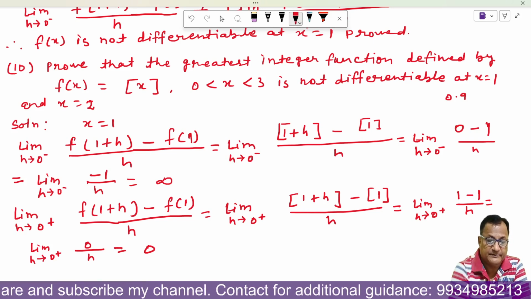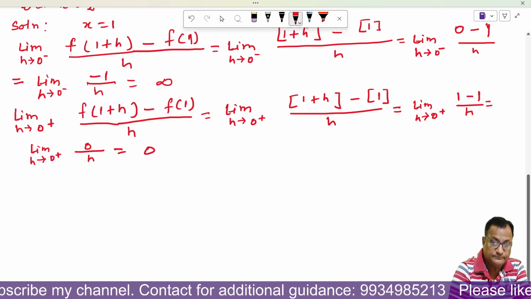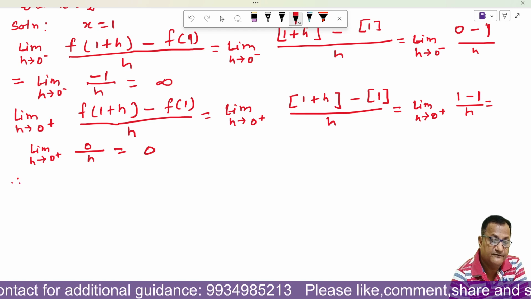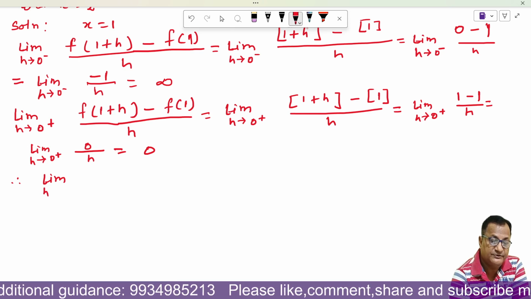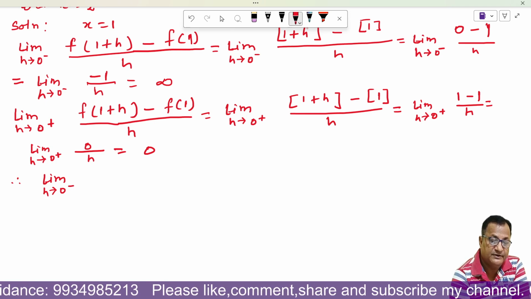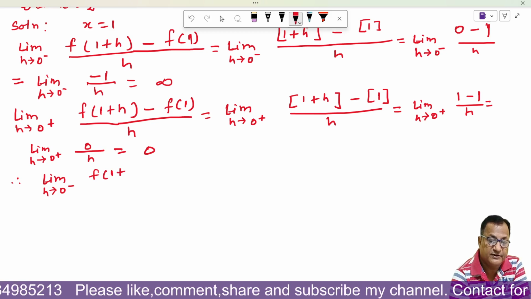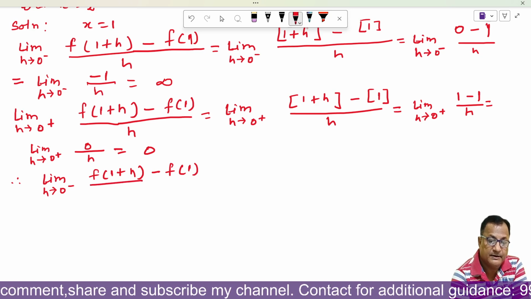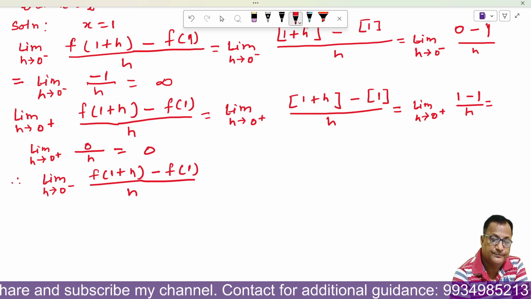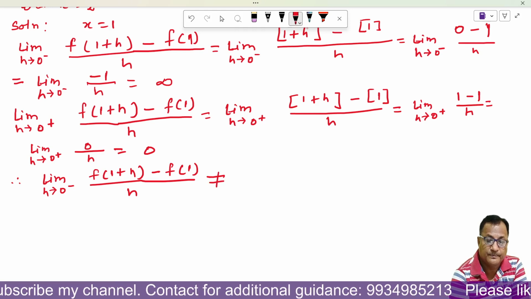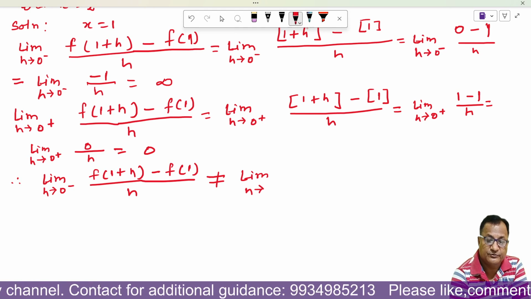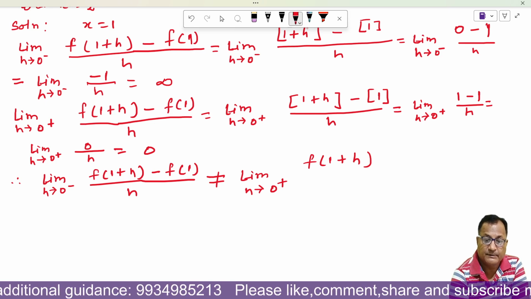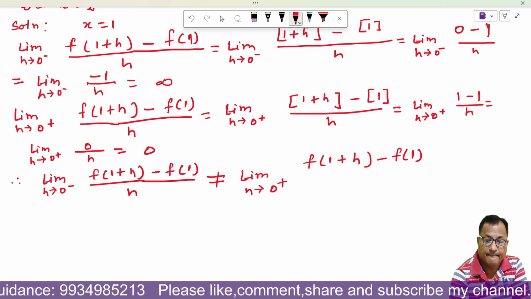So here we see that, therefore, limit h tends to 0 minus of [f(1 + h) - f(1)] by h is not equal to limit h tends to 0 plus of [f(1 + h) - f(1)] by h.